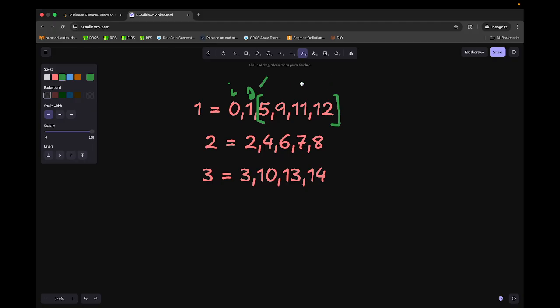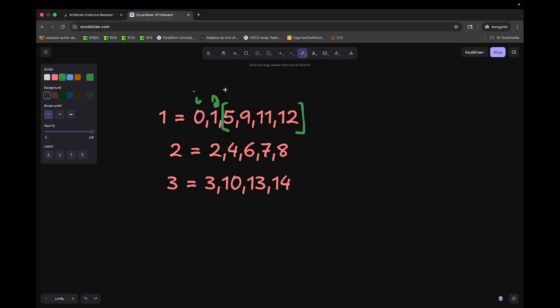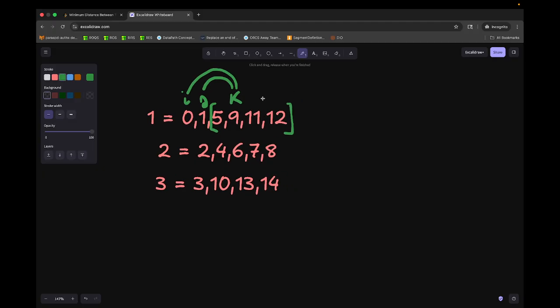If I pick this as k, our sum will be 1 minus 0 for i and j, and k will contribute k minus j plus k minus i.